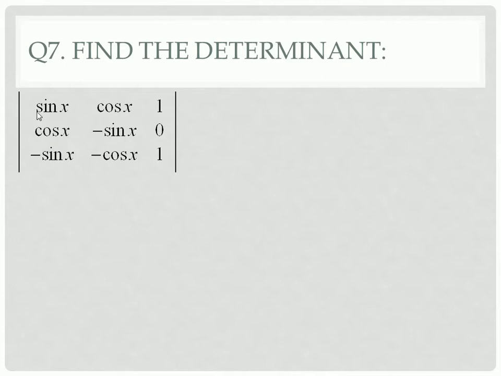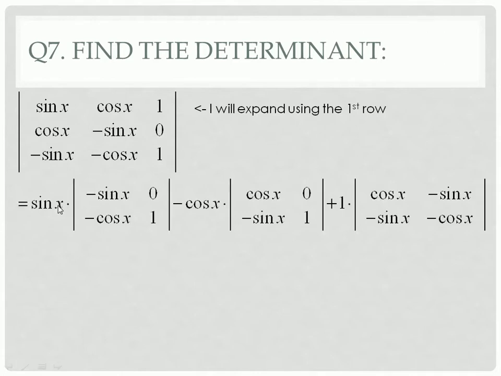So to expand using the first row, sine x is a positive term. And then you want to think of taking away that row and that column, and then write the matrix that remains, which is this lower right matrix: negative sine x, 0, and negative cosine x, 1.